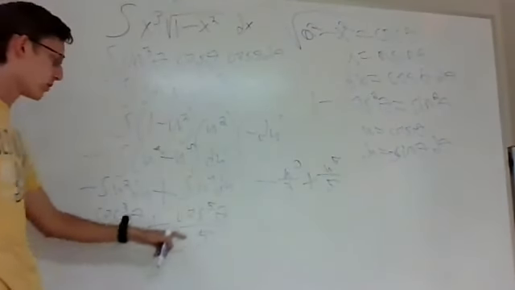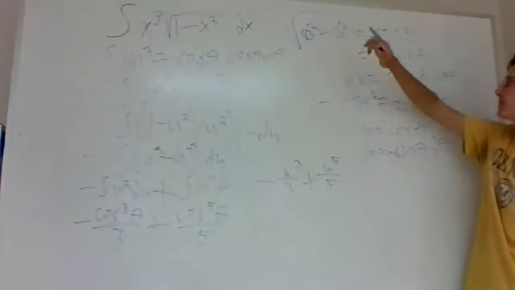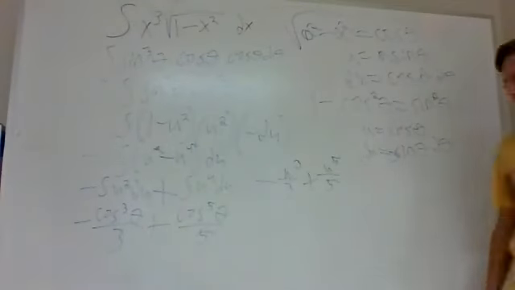Now, we're not done yet. We have to now turn our cosine thetas back into our original trigonometric identities that we started with.